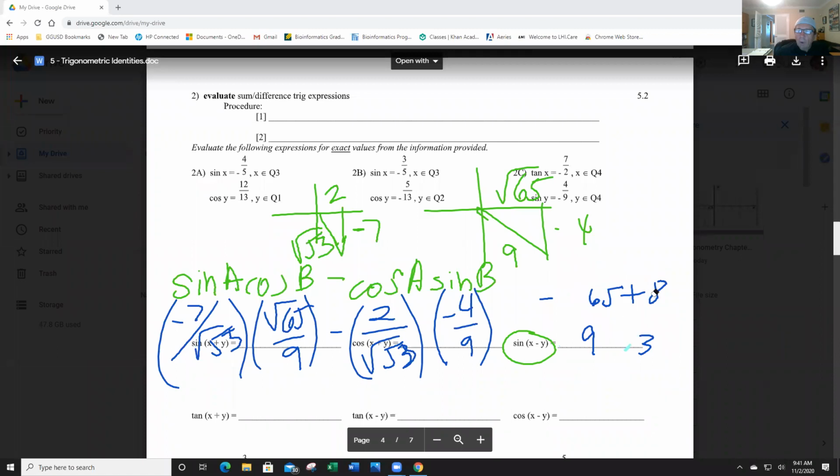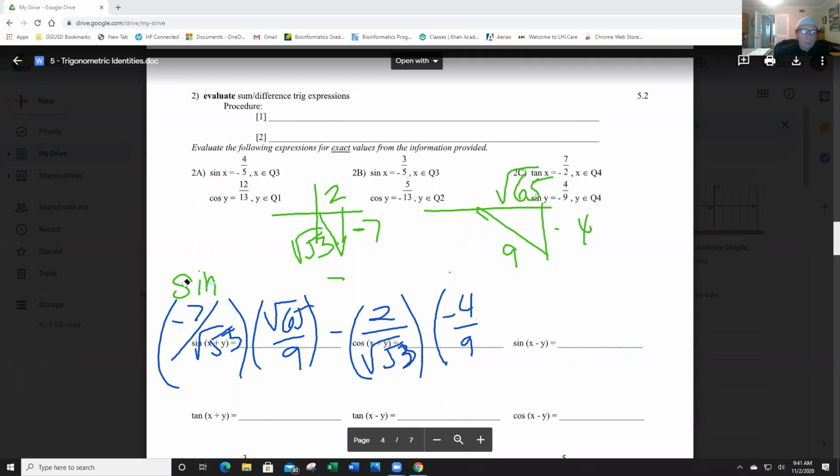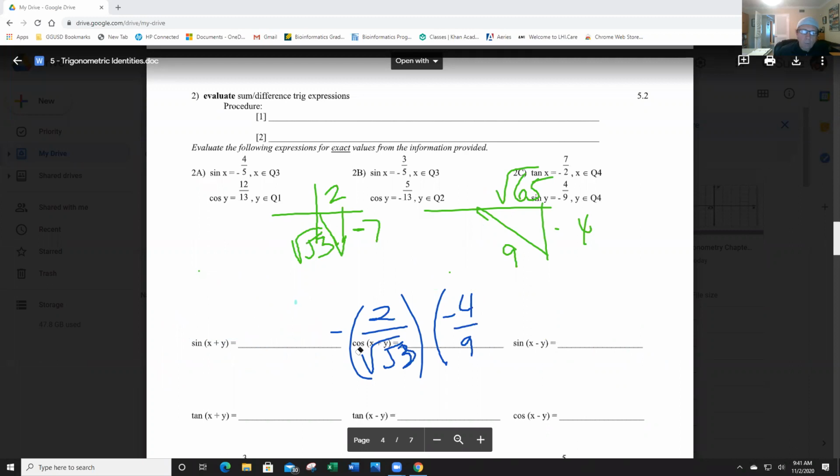All right, let me get an eraser here and erase this bottom part. I'll leave the triangles as I do the cosine of x minus y.